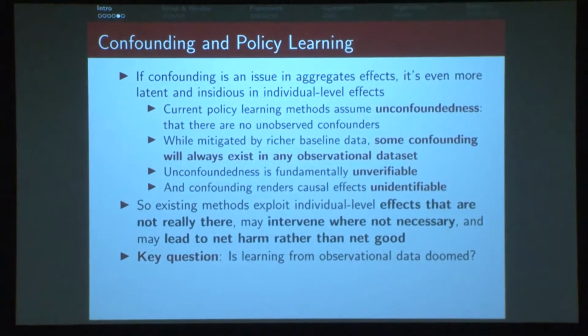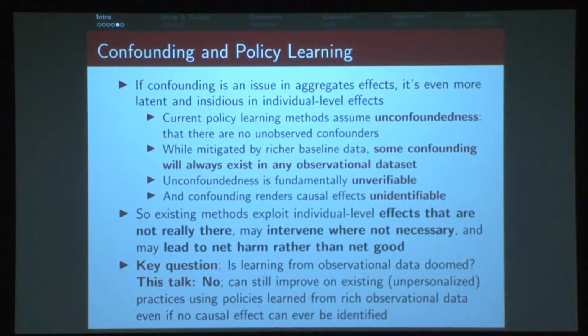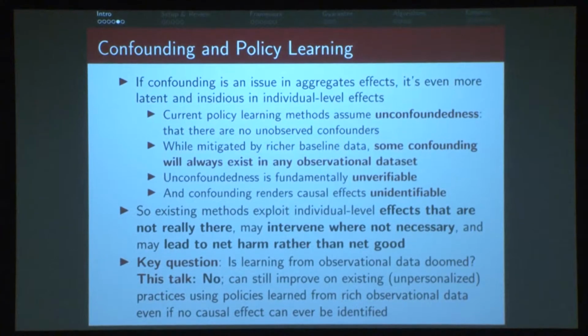What I'm going to argue is that no, actually we can still use it to make decisions in a safe way. All we have to do is focus on well-evidenced improvement and on robust improvement that would improve on standards of care no matter what the confounding is. Instead of trying to focus on efficiency, focus on robustness.